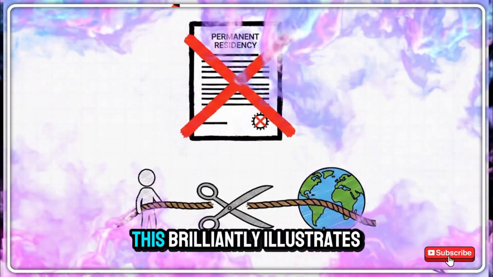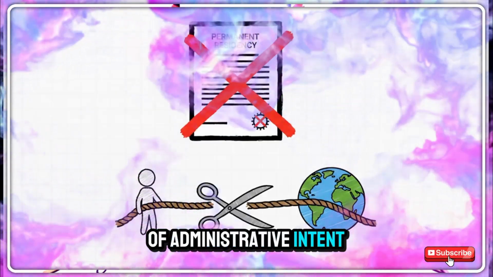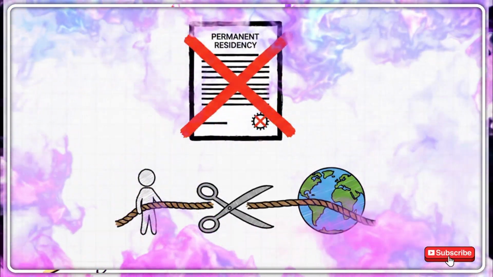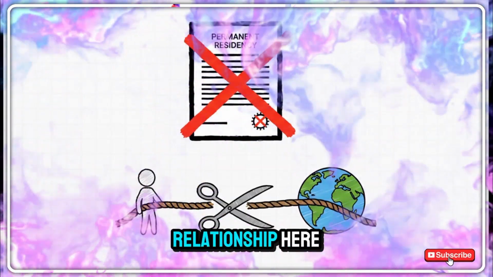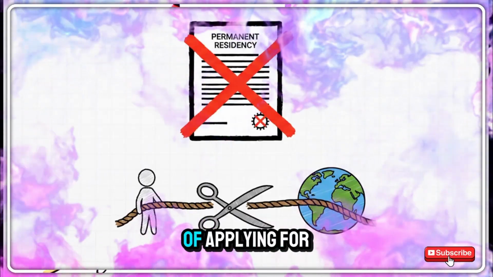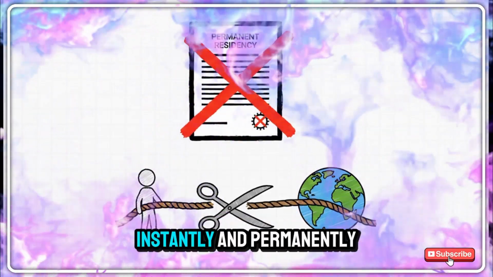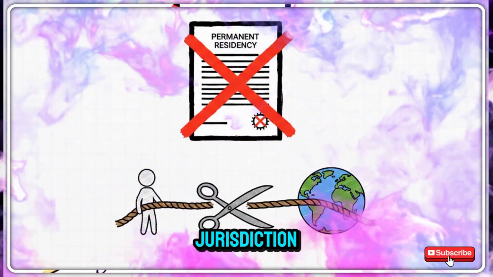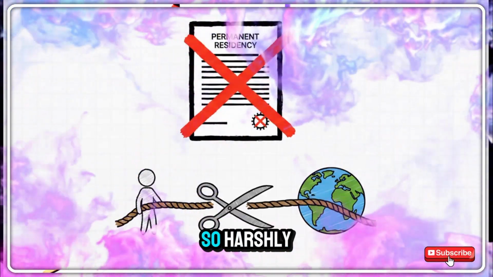And honestly, this brilliantly illustrates the overriding power of administrative intent. Let's really focus on that 4th threshold for a second. The regulatory framework assumes a very direct cause and effect relationship here. The mere act of applying for permanent status, like a green card equivalent, instantly and permanently severs your legal proximity to the foreign jurisdiction. Now you might be wondering, why does the system treat this so harshly?